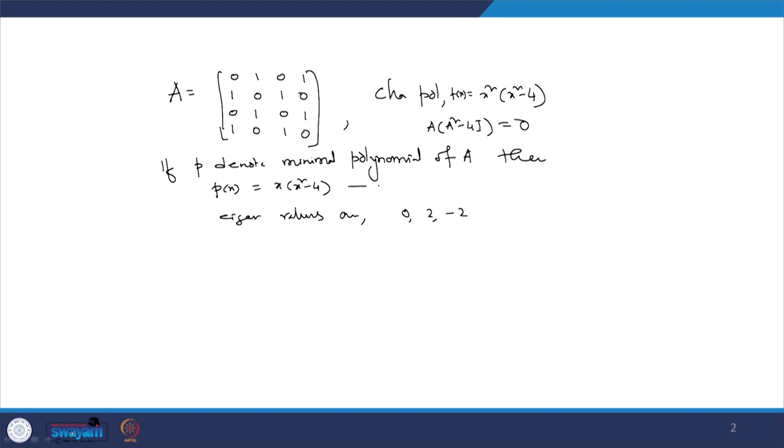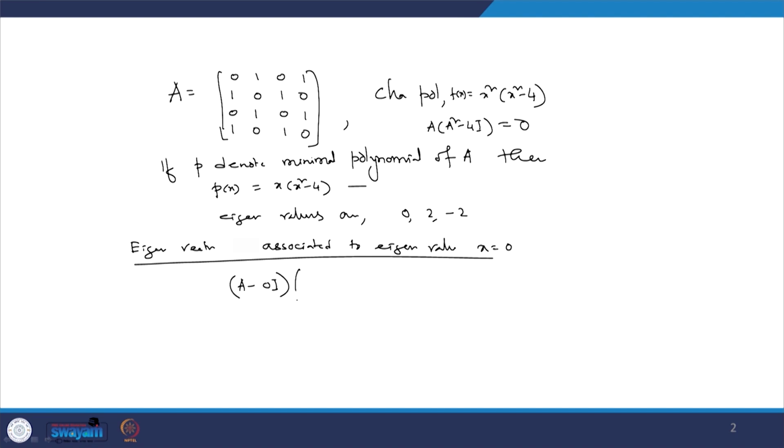Now let us quickly calculate the eigenvectors related to eigenvalues 0, 2 and minus 2. The eigenvector associated to eigenvalue 0: we have to solve (A minus 0 into I) operating on x1, x2, x3, x4 equal to 0.